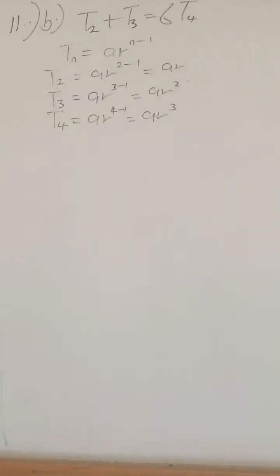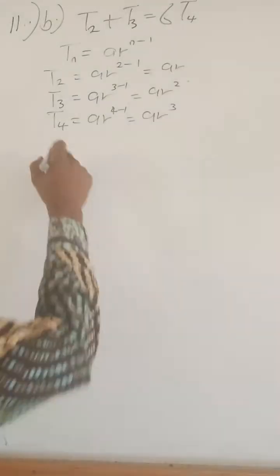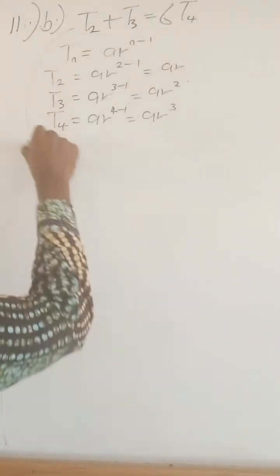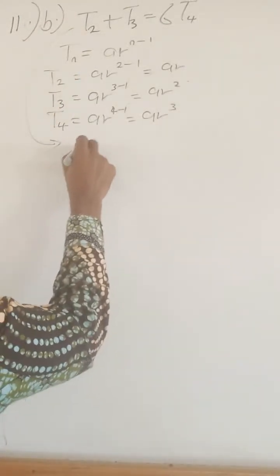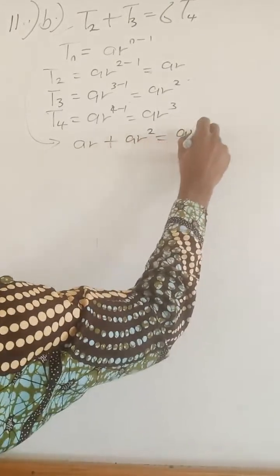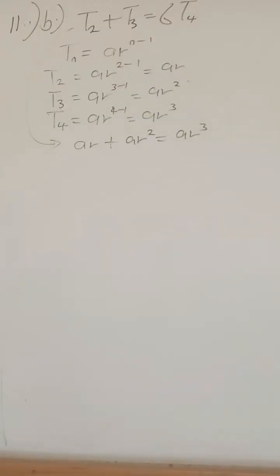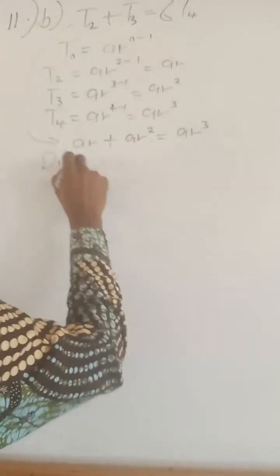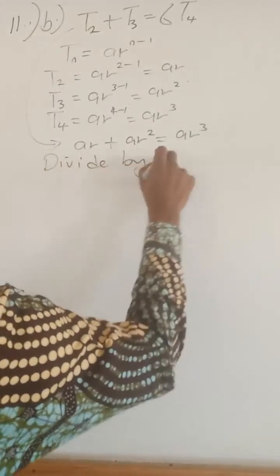Now rewrite the equation, and it is now written as ar plus ar squared equals 6ar cubed. Now divide by ar.